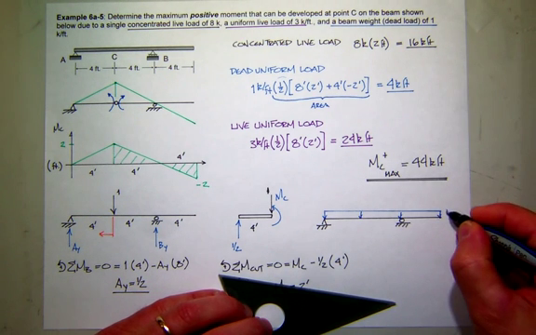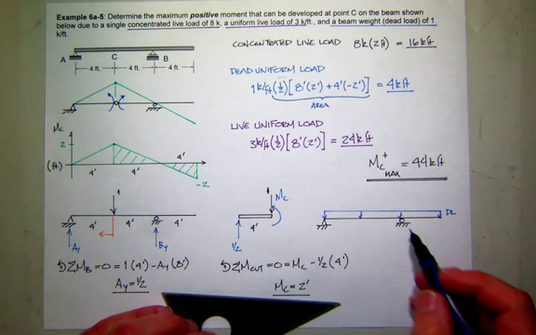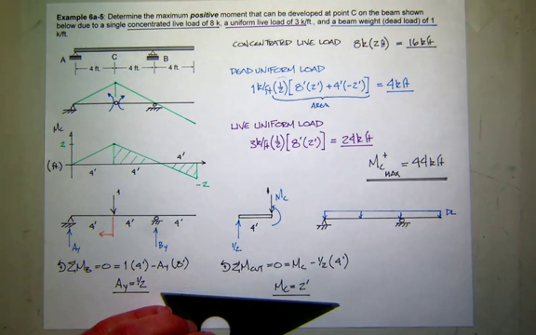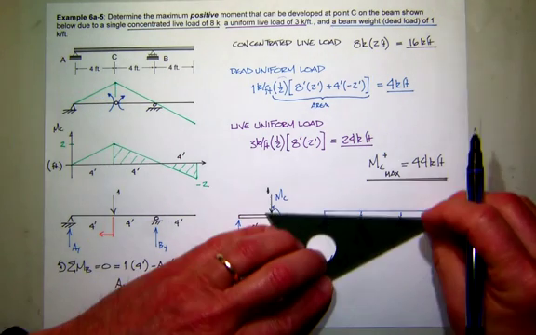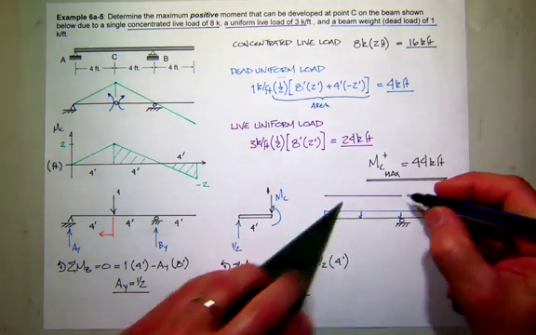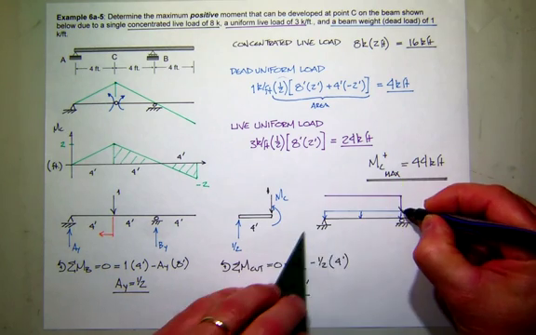Right? So that's the dead load, the 1 kip per foot, right? The whole structure. Where does the uniform live load go? Just over the first 8 feet, right? So that would look something like this.